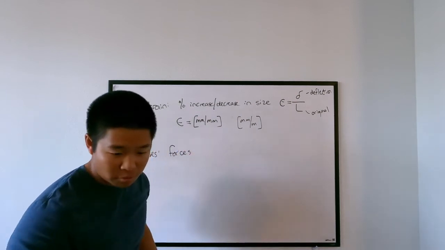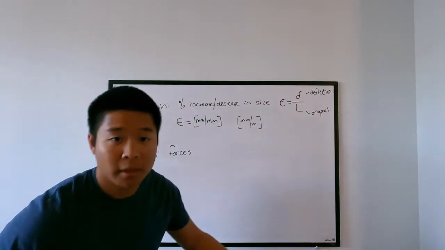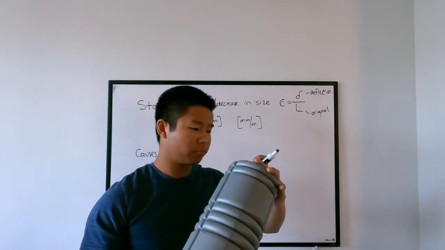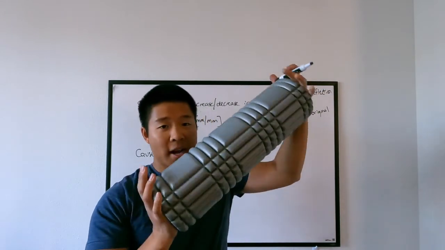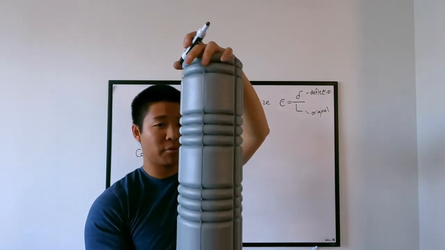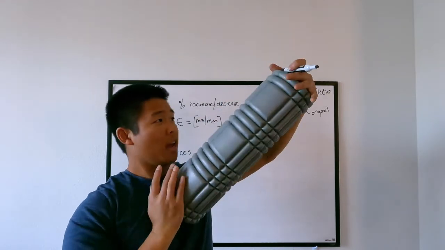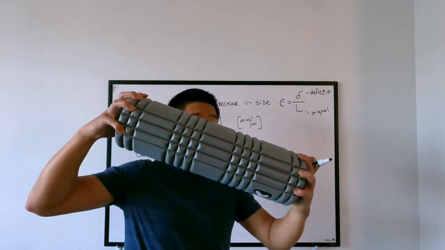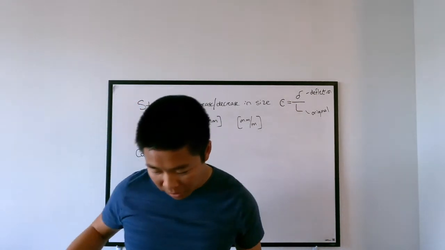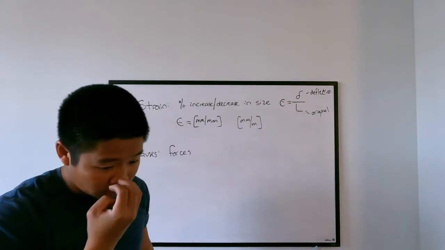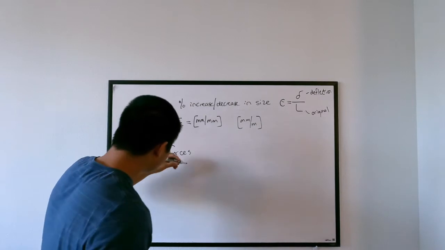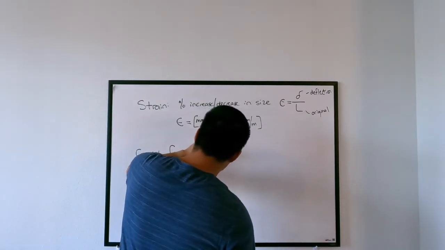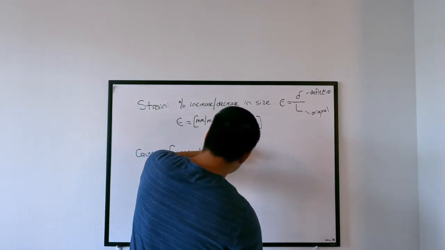So forces, like I mentioned before, if I take my foam roller and I squeeze it, I'm not strong enough, but you can squeeze it and reduce the length by a couple millimeters, or I could pull it and lengthen it by a couple millimeters, okay?